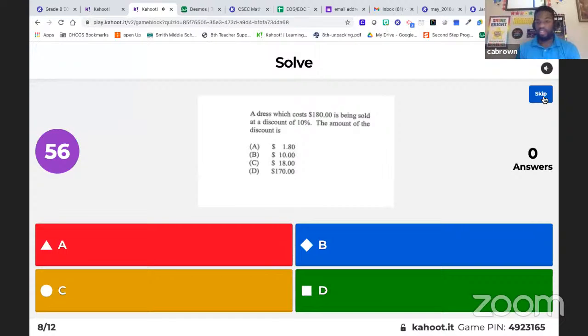A dress costs $180 and is being sold at a discount of 10%.